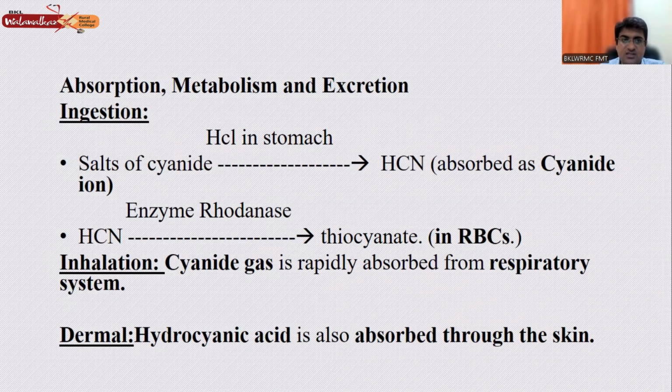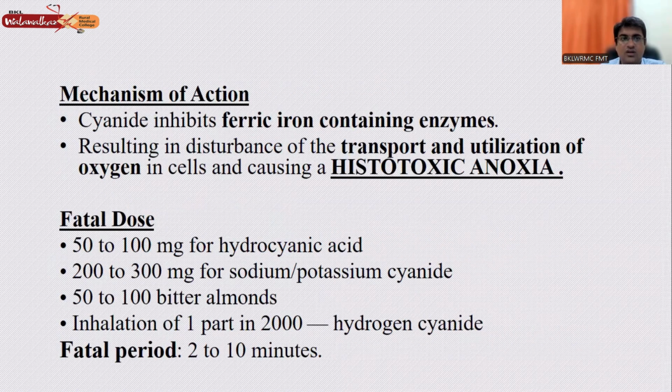If inhaled, cyanide gas is rapidly absorbed from the respiratory system. In the dermal form, when this acid is applied over the skin, hydrocyanic acid is absorbed through the skin.